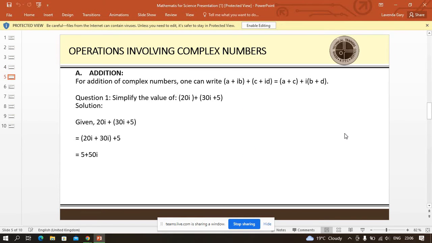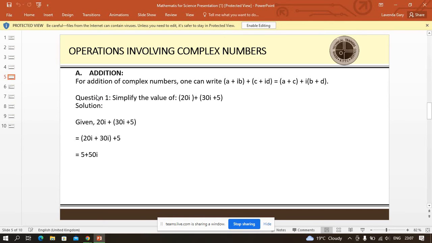Now, we want us to move to the next subtopic about operations involving complex numbers, and we shall start by addition of complex numbers. Now, given two complex numbers, a plus ib and c plus id, for us to perform the addition on them, we shall group the real numbers together, while the imaginary numbers, we shall also pair them together.